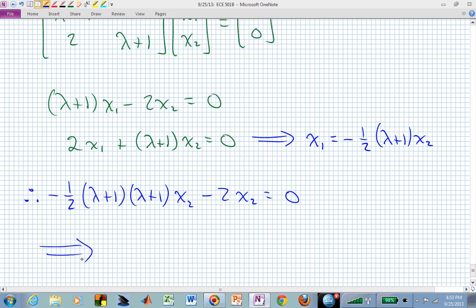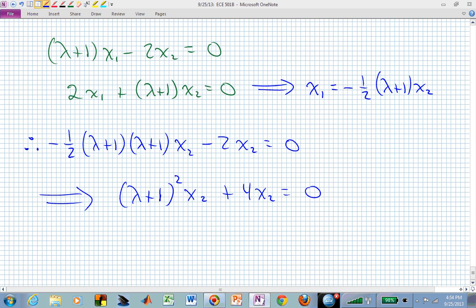I don't really like to have fractions, and I don't like those negative signs. I'm not changing anything if I multiply both sides by 2, which gives me lambda plus 1 squared x sub 2 plus 4 x sub 2 is equal to 0. But that's just lambda plus 1 squared plus 4, times x sub 2, equal to 0.